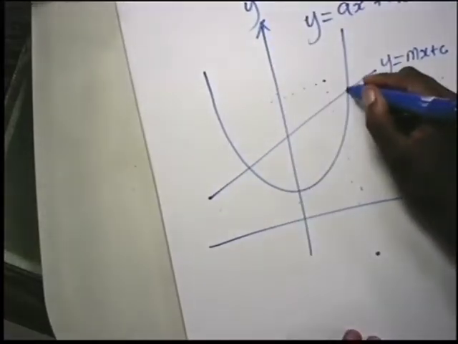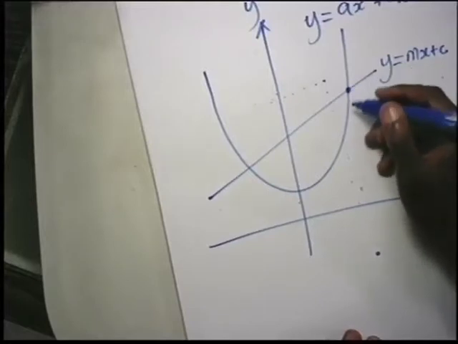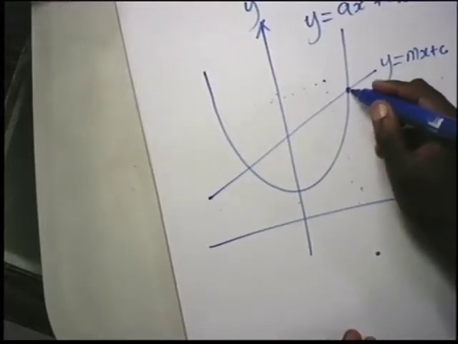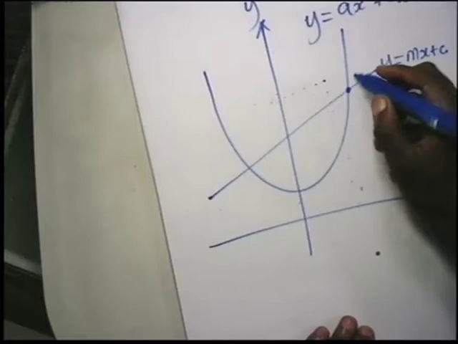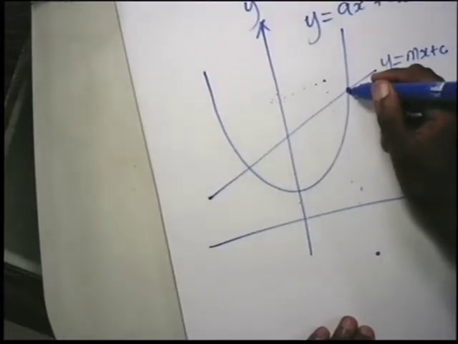You go at their point of intersection, you have four values, 2 for y and 2 for x.